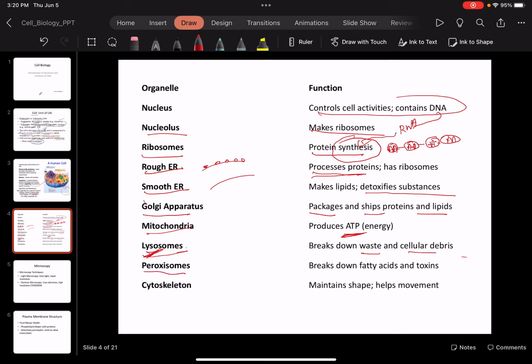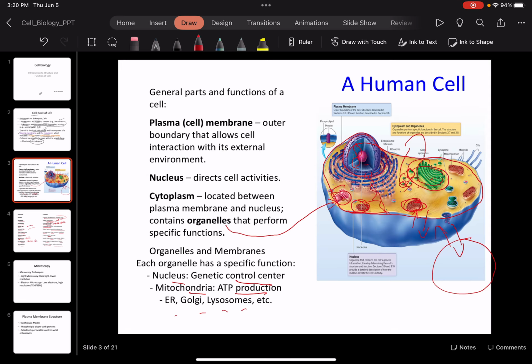Then peroxisomes, they break down toxins. This is mainly dealing with the chemicals. Cytoskeleton, which maintains shape, helps movement. Gives the structure of the cell. They provide the structure.